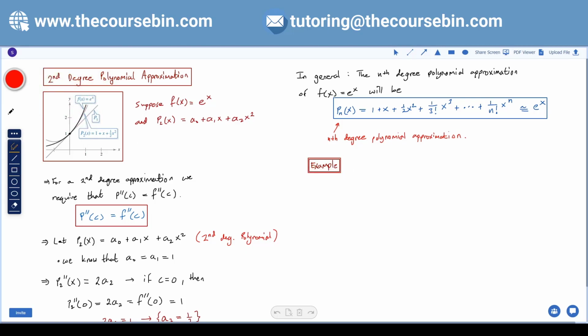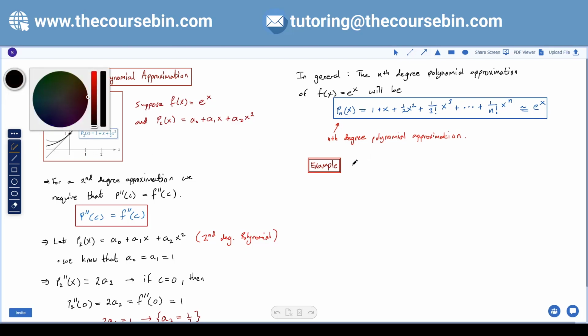Okay, so let's do an example here where we try to find the fourth degree Taylor polynomial, or we could say the fourth degree polynomial approximation for e to the power of x, right?